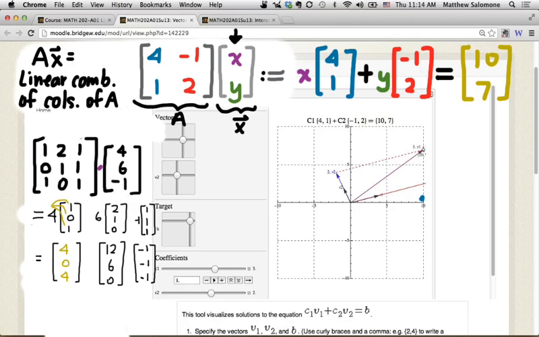Now that I've multiplied all of those columns by the appropriate coefficients, what do we do? You add them all together. Add them all together, across the rows, as Catherine says. So 4 plus 12 minus 1 is 15. 0 plus 6 minus 1, and 4 plus 0 minus 1.